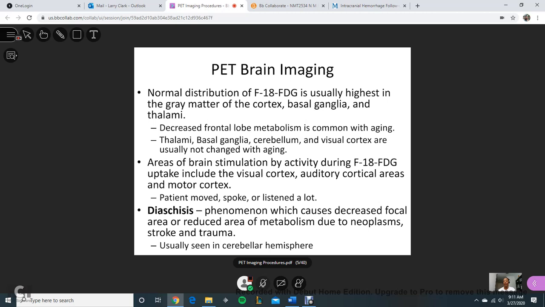You tell them to close their eyes, because even with them looking around, that is going to cause increased uptake in the visual area. So in the future, that's basically what you have to remember.